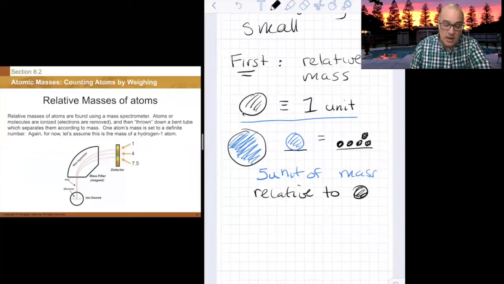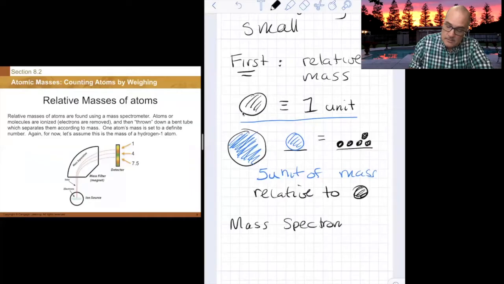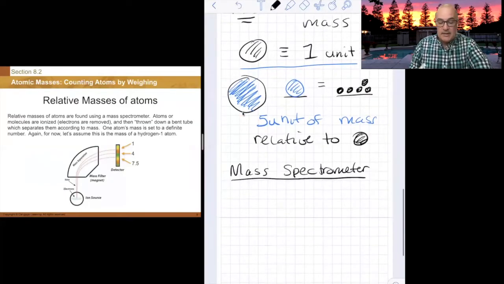So a mass spectrometer is an instrument that first, well, what basically happens is it throws atoms, right? And it uses some physical properties to separate them according to mass.